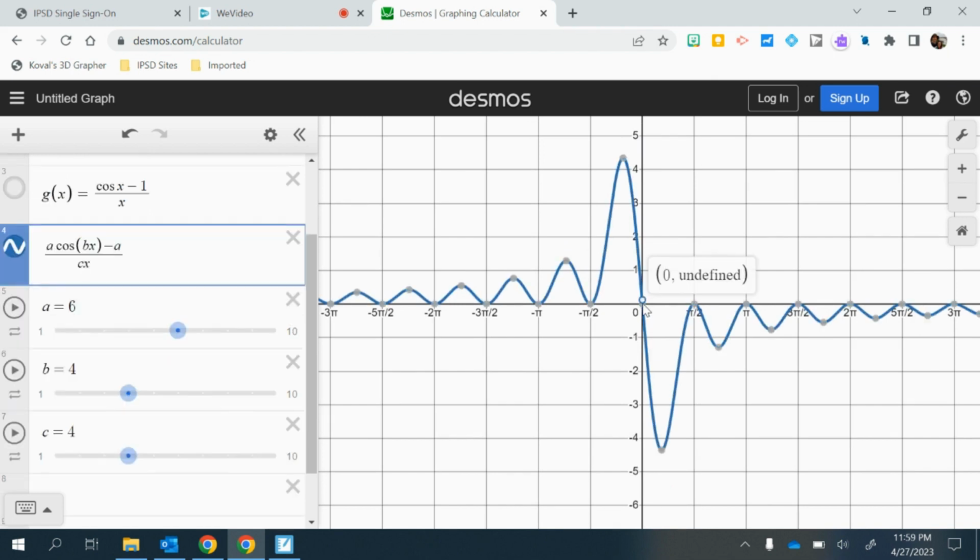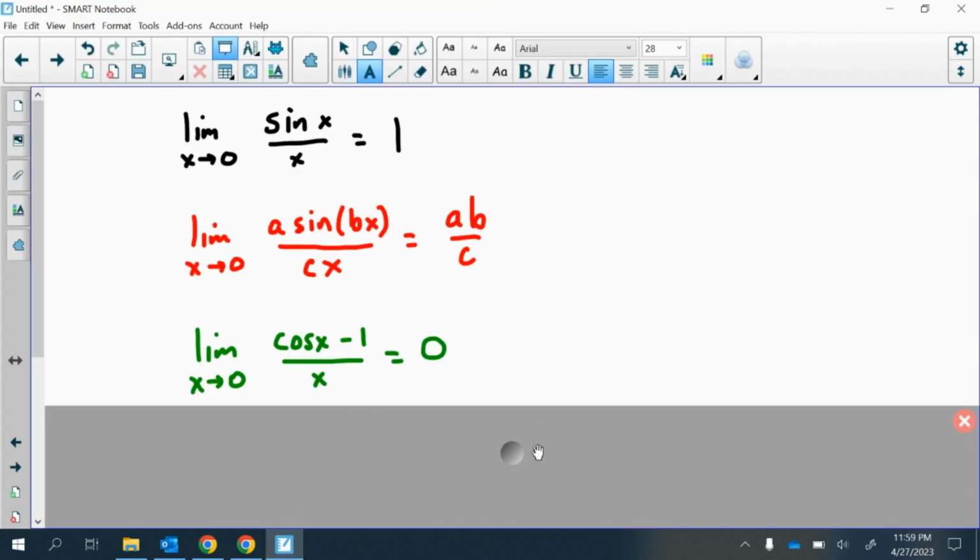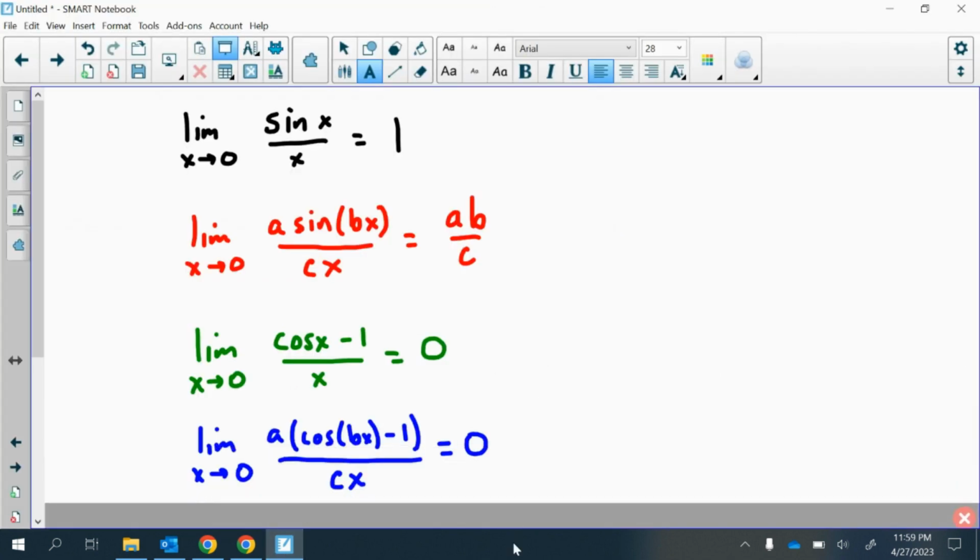That makes sense, because if it was undefined before and I multiply by stuff, it's still going to be undefined. And if it was 0 and I multiply by stuff, it's still probably going to be 0. So while it is undefined, the limit of this as x approaches 0 is still 0.